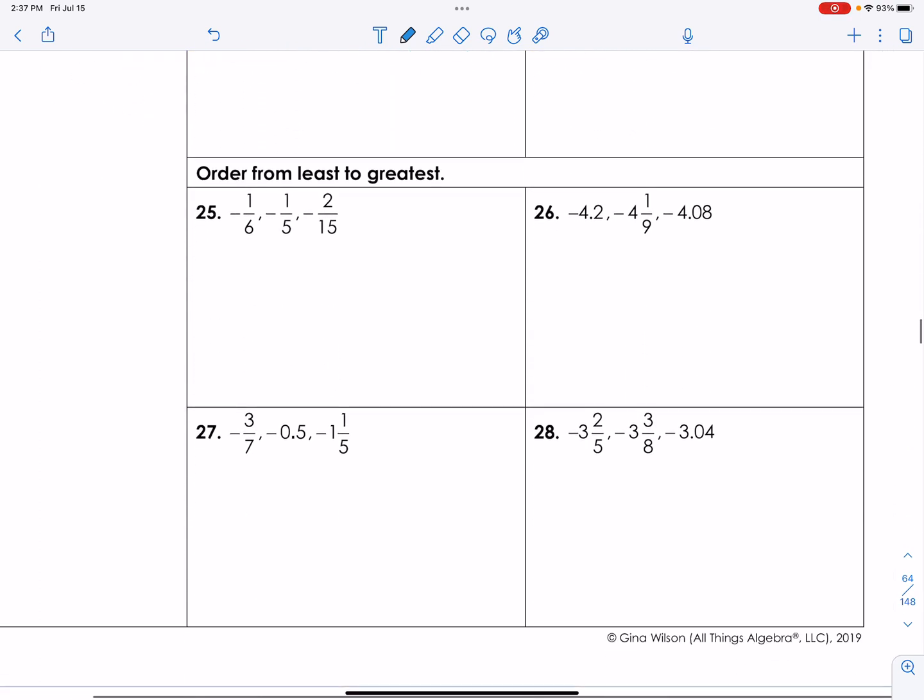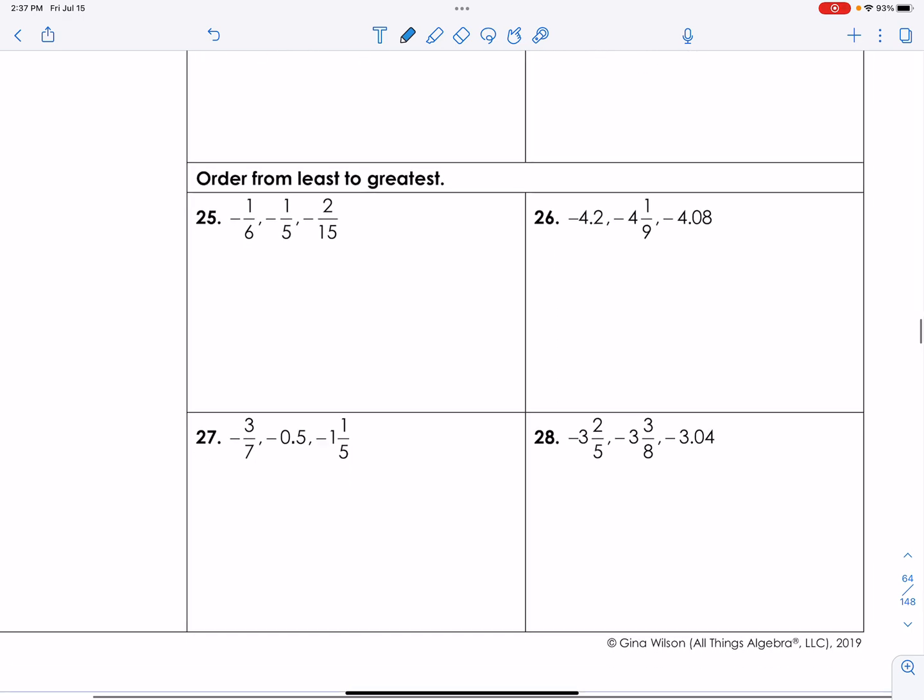Okay, so if you order them from least to greatest, it's just like we did before, but now it's backwards. Okay, so on this first one, I'm going to write them all with 30s. So times by 5, times by 6, times by 2.